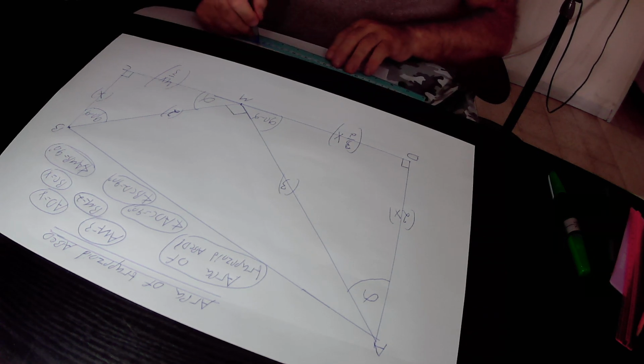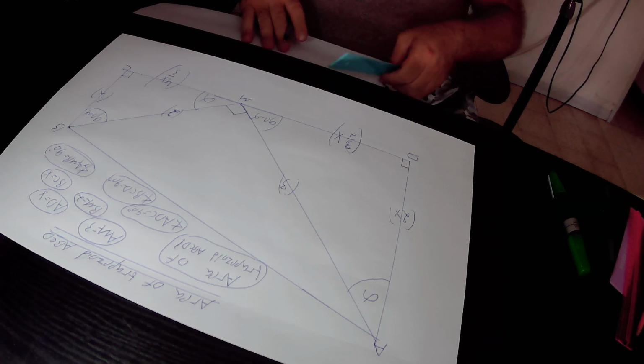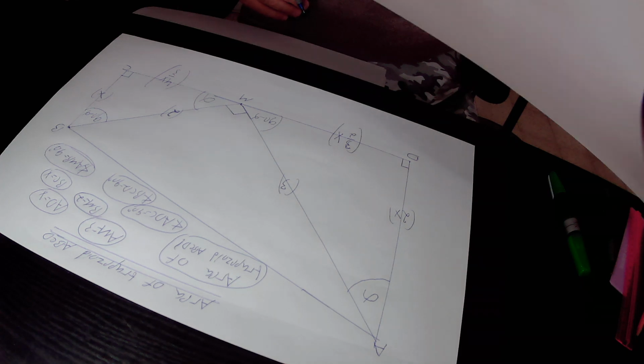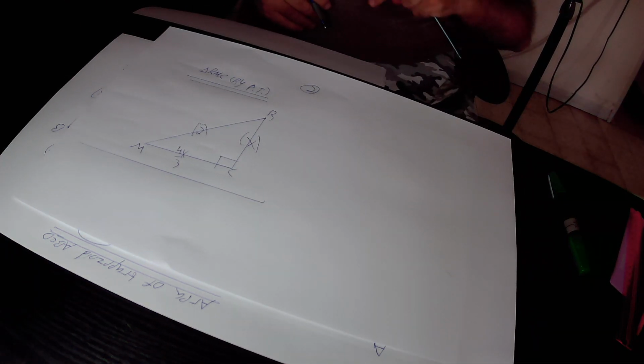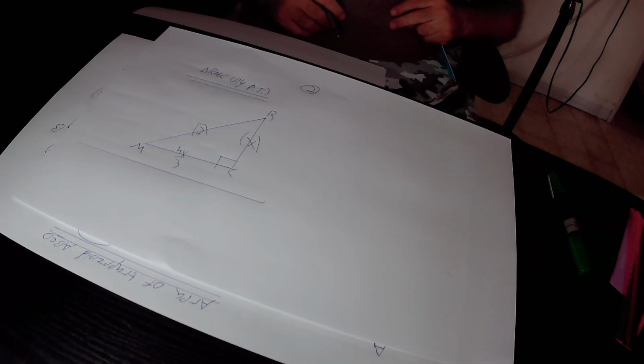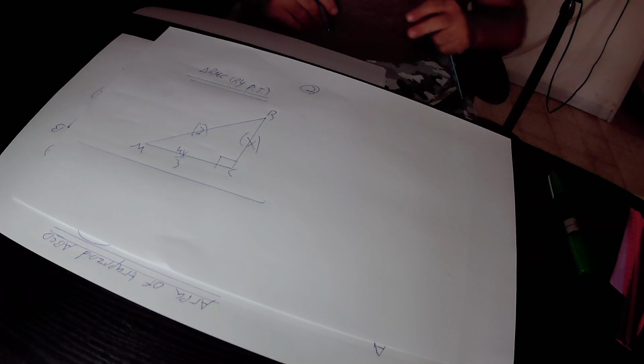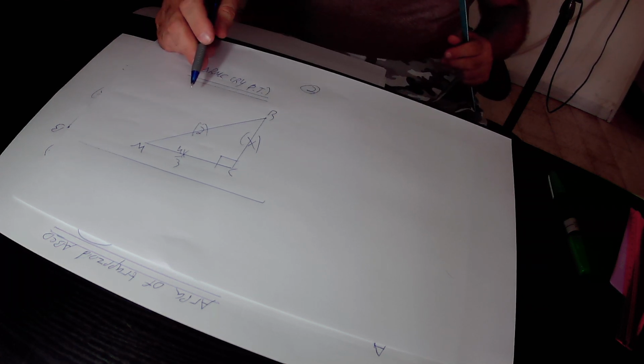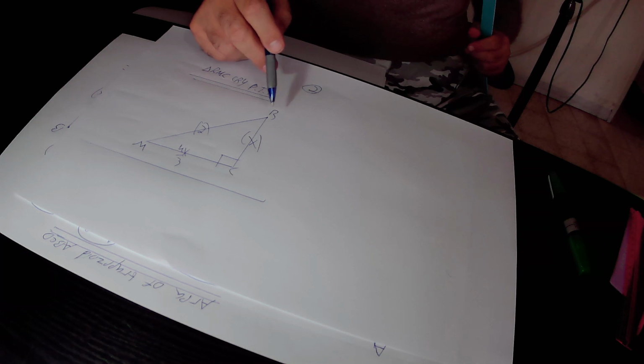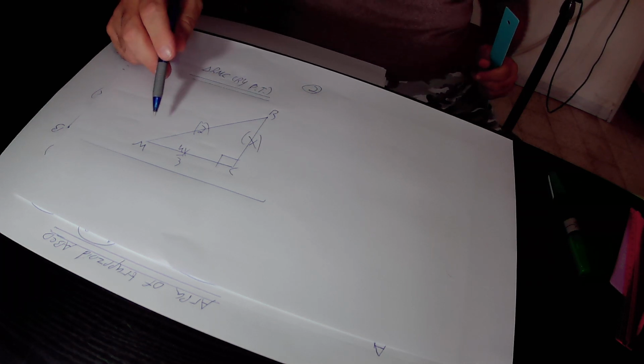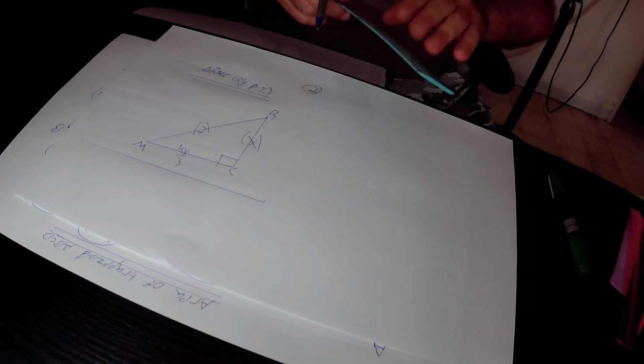So actually, this is the right triangle BMC according to the original drawing. According to the Pythagoras theorem, in this triangle BMC, BM squared, that is the square of the hypotenuse, equals BC squared plus MC squared. So I write it down.